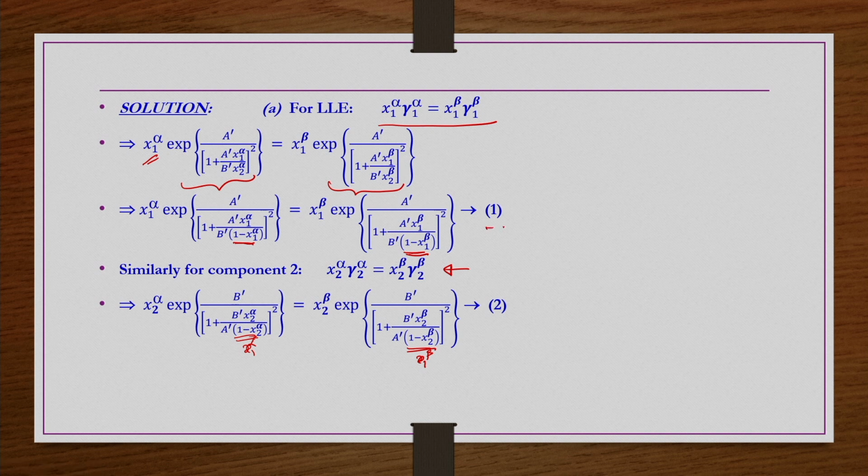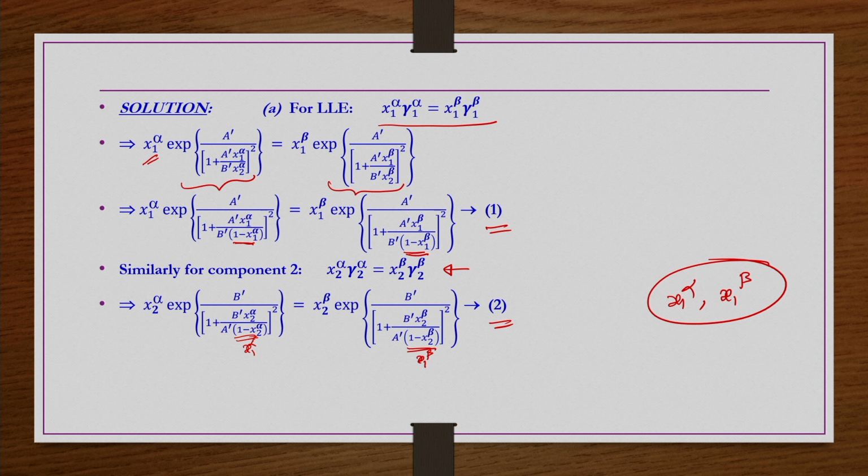Now we have two equations and two unknowns, x1 alpha and x1 beta, because if x1 alpha is known, x2 alpha is known, and if x1 beta is known, x2 beta is known for a binary system.